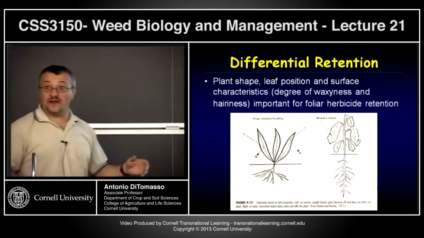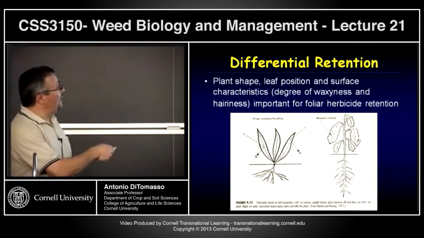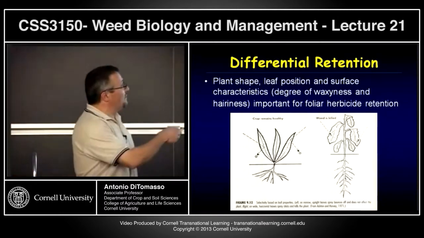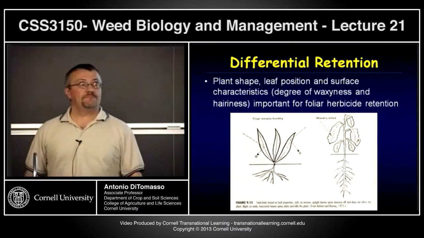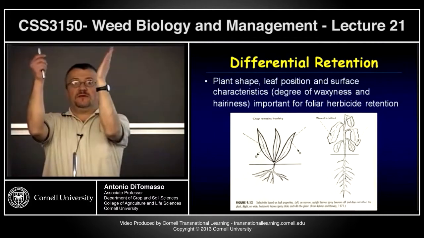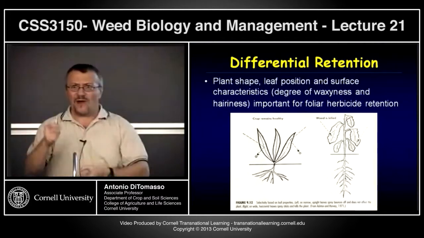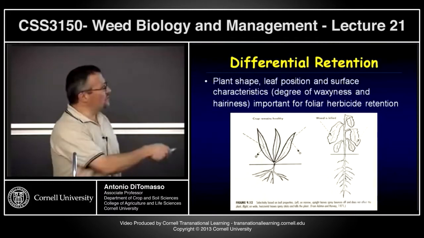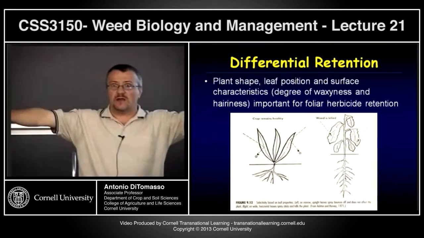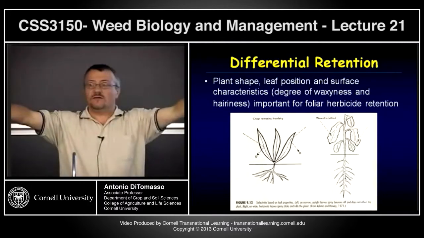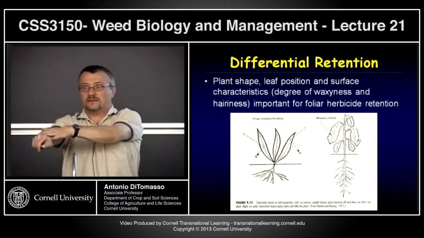You can take advantage of the retention ability of a plant. You've got an example, something like onions: vertical growth of the plants, very waxy. You spray a herbicide, boom, bounces right off. Whereas your susceptible weeds, if they've got these horizontal leaves, like velvetleaf, they're just sitting out there, the herbicide is going to be retained. Much easier.